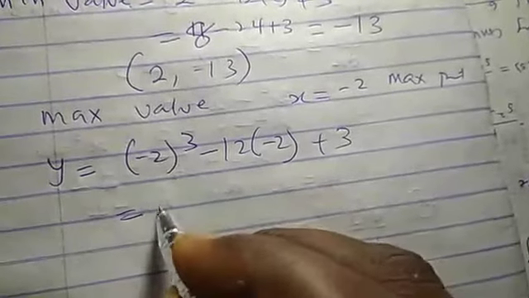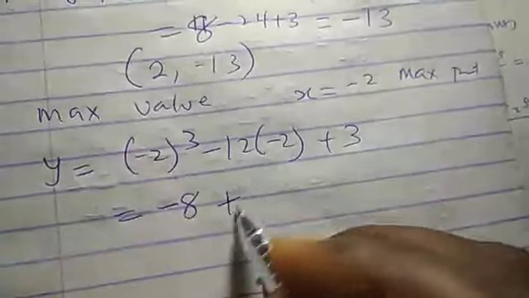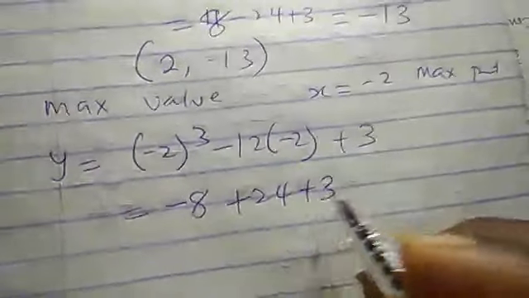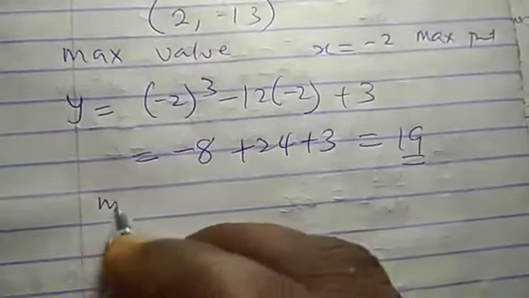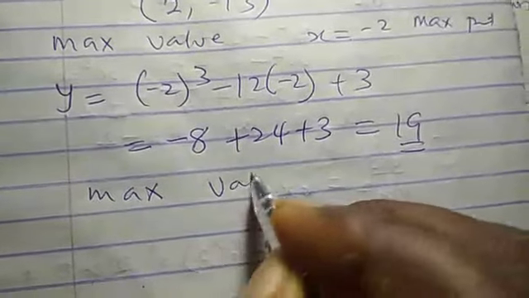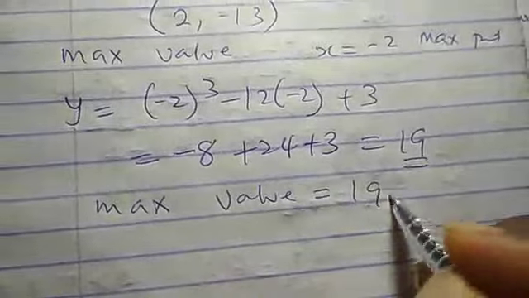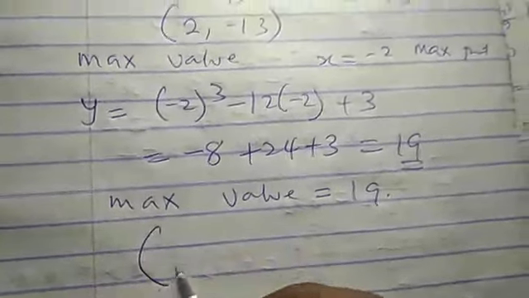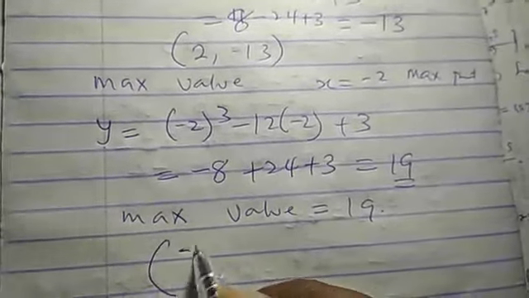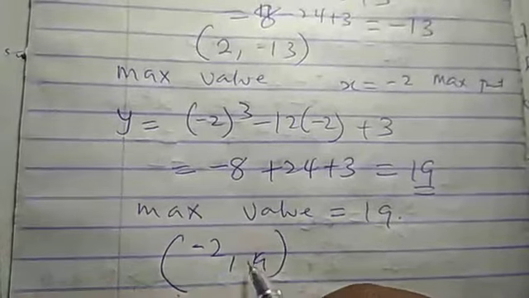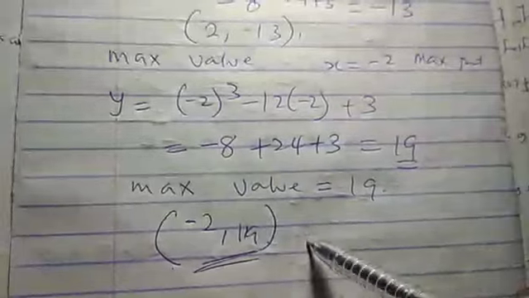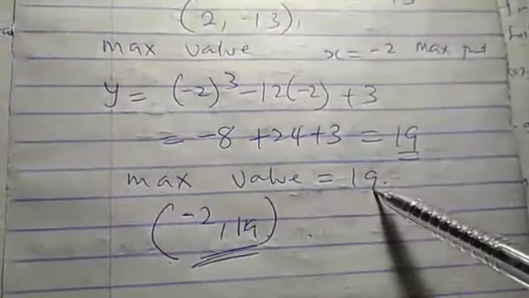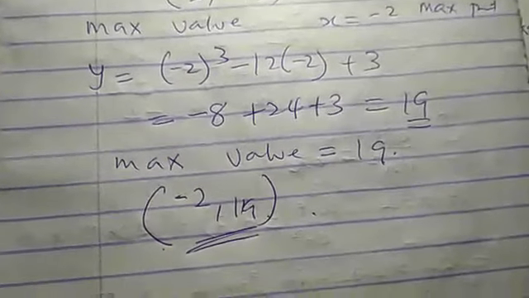So this will give me minus 8 plus 24 plus 3, and that will give me 19. Therefore, I can say that the maximum value is equal to 19, or I can write it as minus 2 comma 19. So this is the minimum point and this is the maximum point. 19 is the maximum value.